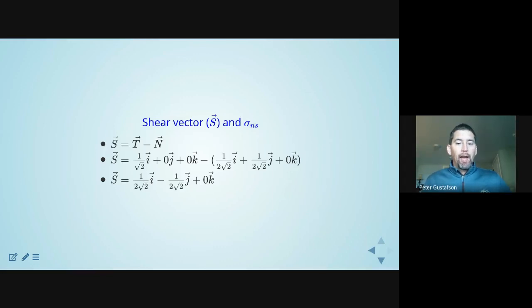If you look back at the components we drew on the image, you would have seen a component in the positive x direction for the shear tensor and a component in the negative y direction. And so that is consistent again with expectation, as we see in this computed result.